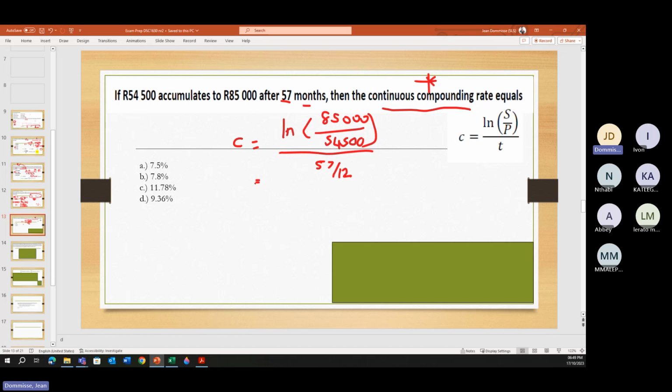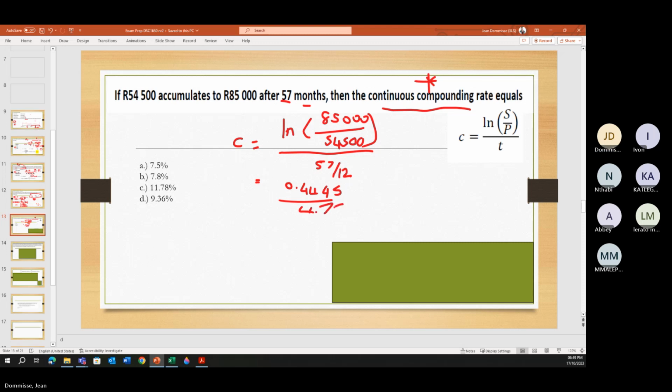So we've got 85,000 divided by 54,500, which is 1,5596. If we take the ln of that, I get 0,4445. And we need to divide that by 57 divided by 12, which is 4,75.